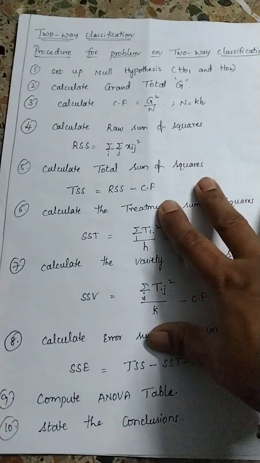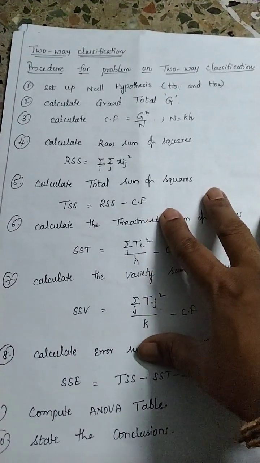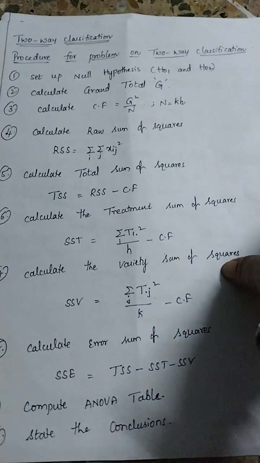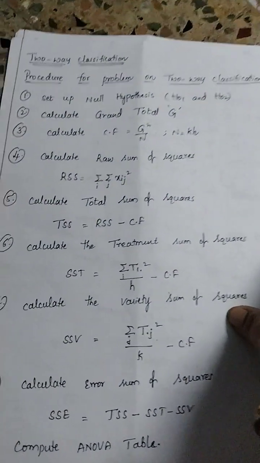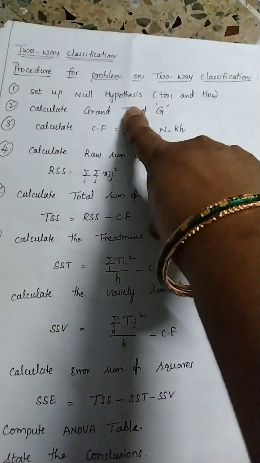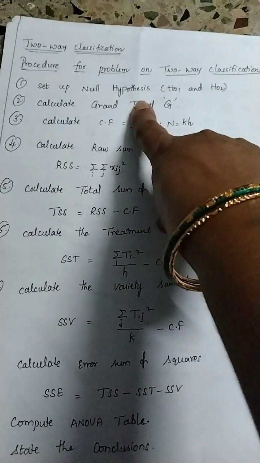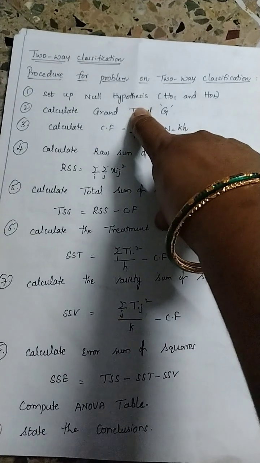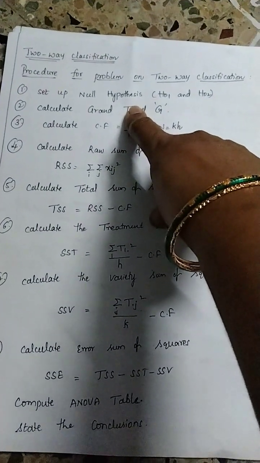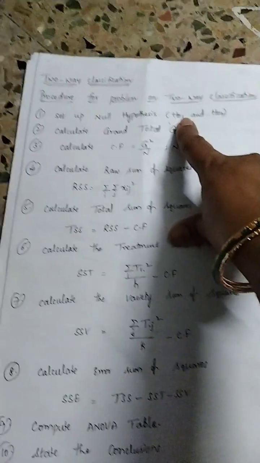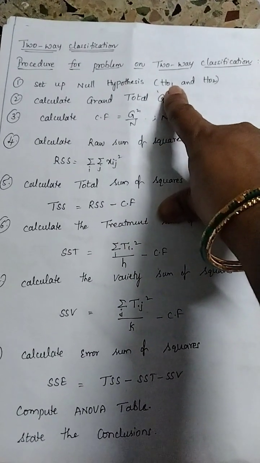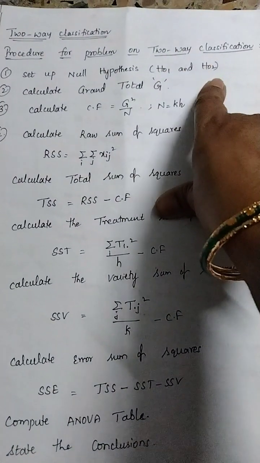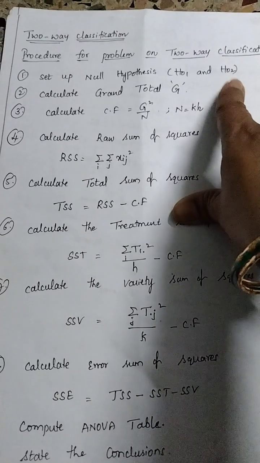Here we are going to discuss the procedure for a problem based on two-way classification. First, set the null hypothesis. As we have two ways, treatments and varieties, we will have two null hypotheses, H01 and H02.